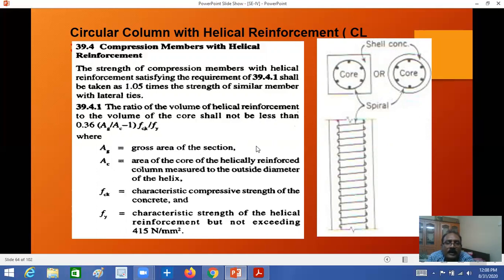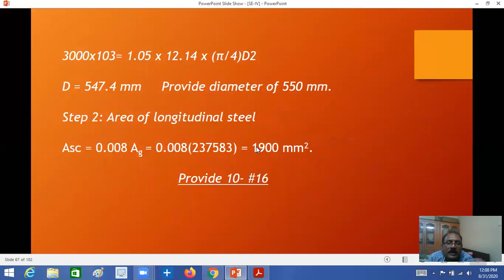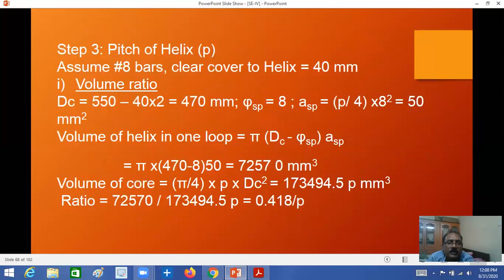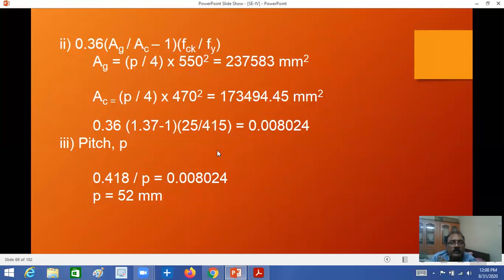Okay, and AG is the cross sectional area of the section, and we have to find here the volume ratio, volume of helix by volume of core. If you know the pitch, we can take pitch into the area of that one. But here we have to calculate the pitch, and we can calculate the volume ratio. From that you will get this value 0.0082 from the pitch. Here if you calculate, you will get P equal to 50 mm.